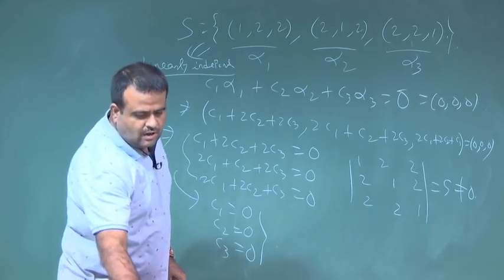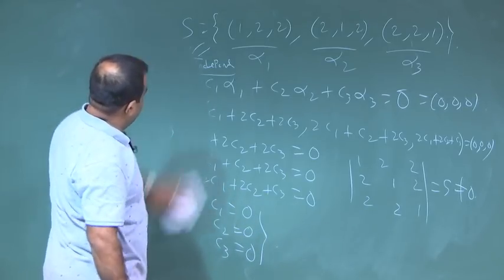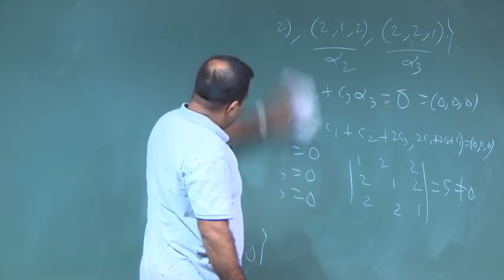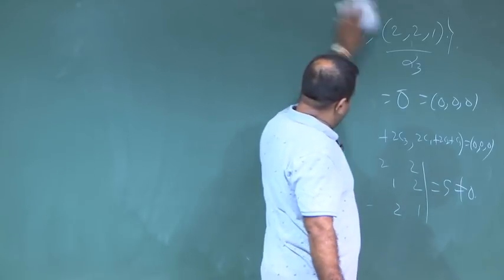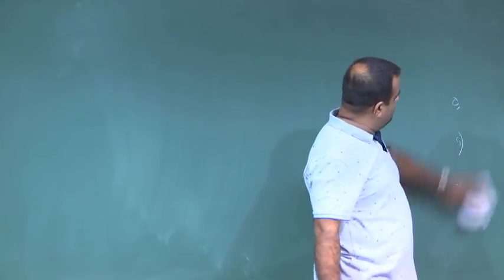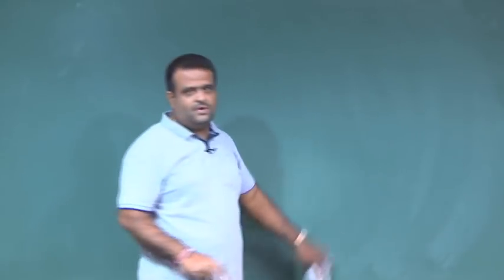Okay. So now we will quickly see that if we have a linearly dependent set of vectors, then we can write one vector as a linear combination of the other vectors.